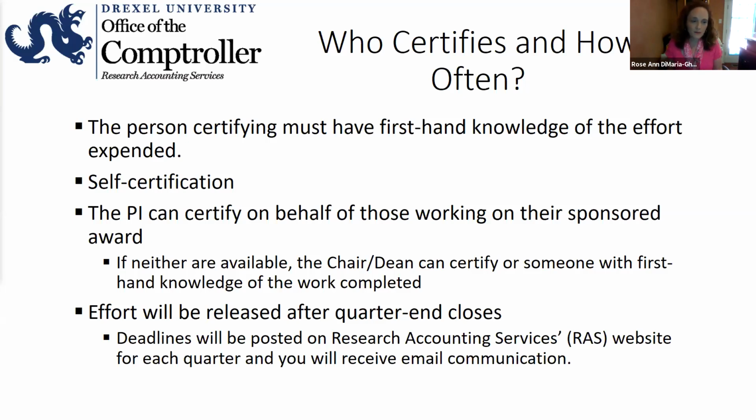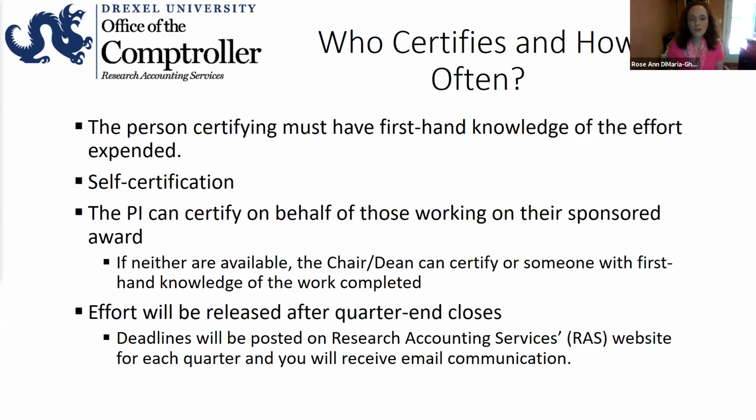So if you're on a federal award, or on any kind of grant that your effort is being charged to, really keep it on your calendar to check for this. You don't even need to wait for that reminder to come out. If you know when the effort reporting cycle is, you could just go into Drexel One and sign off on your effort that way. So we'll show you how to do that.